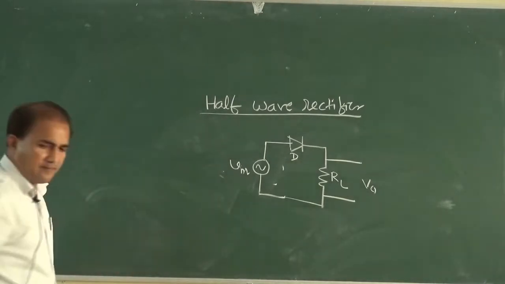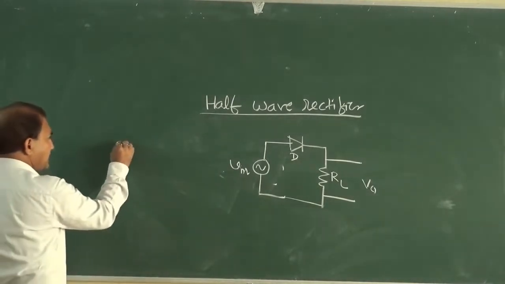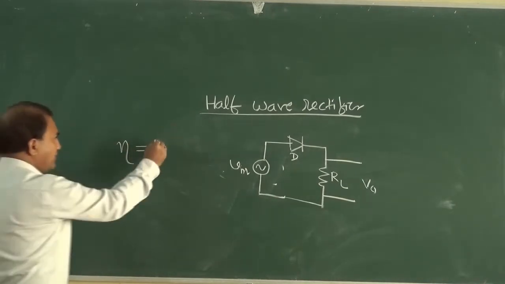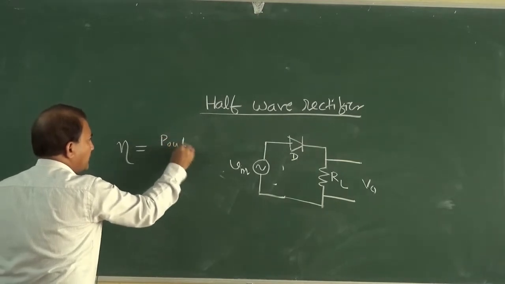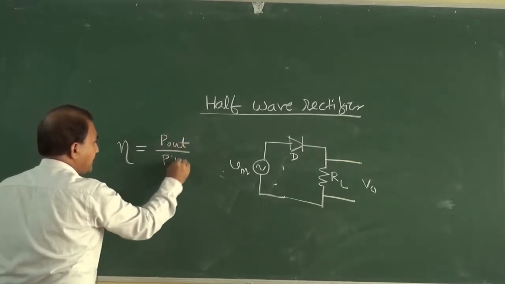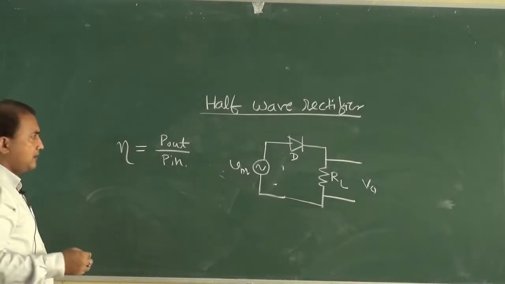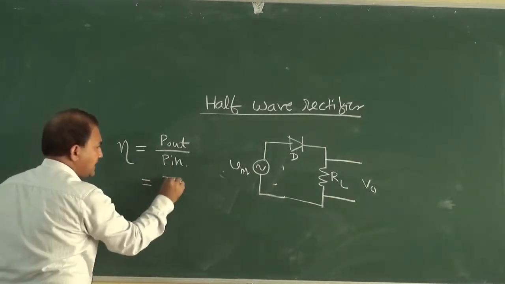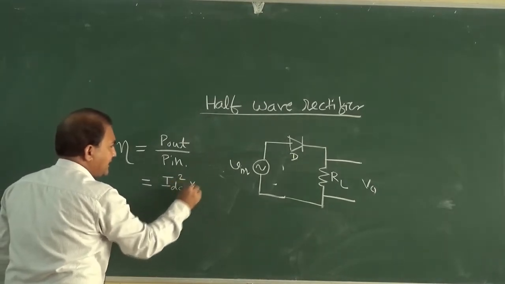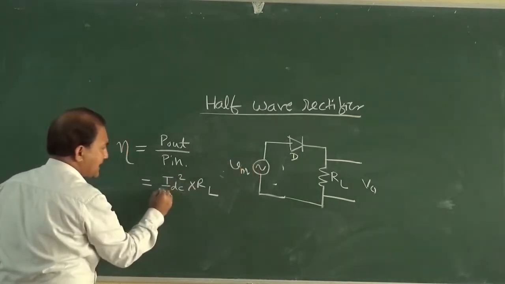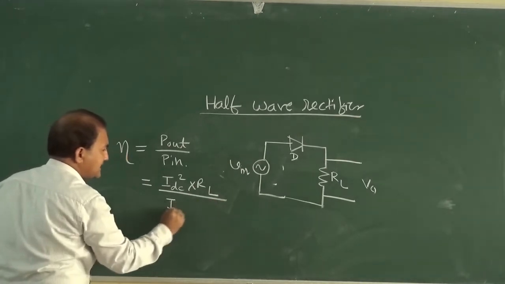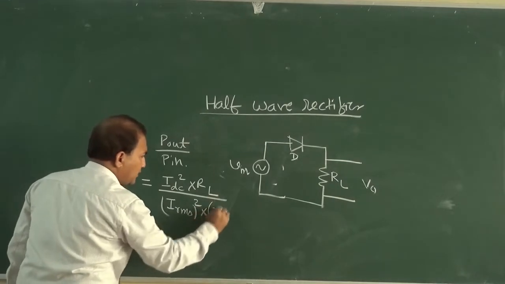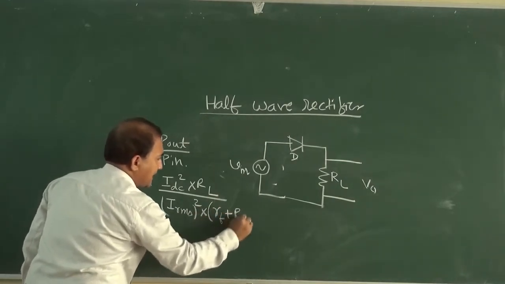Then in a half wave rectifier circuit, we have calculated efficiency, it is equal to P out divided by P in. P out is equal to IDC square into RL, divided by P in, it is IRMS square into Rf plus RL.